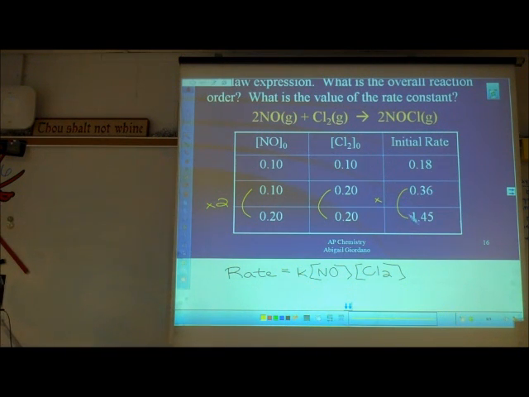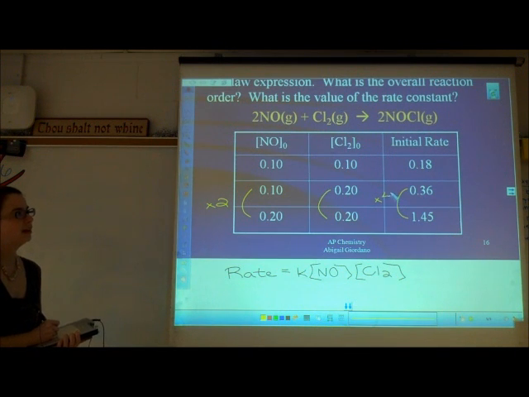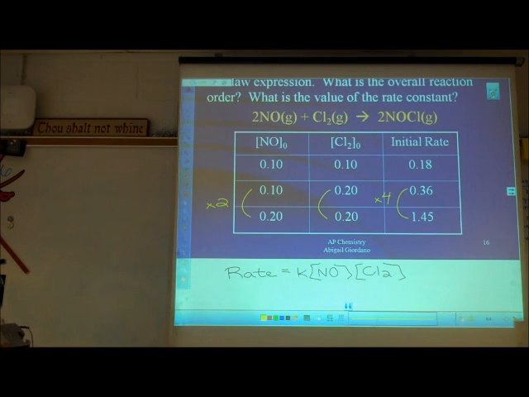What is it here? 4. Hooray. It might be like 3.99, but it's 4. And remember, you take these two numbers, you say 2 to the what power equals 4? 2. So nitrogen monoxide has an exponent of 2.